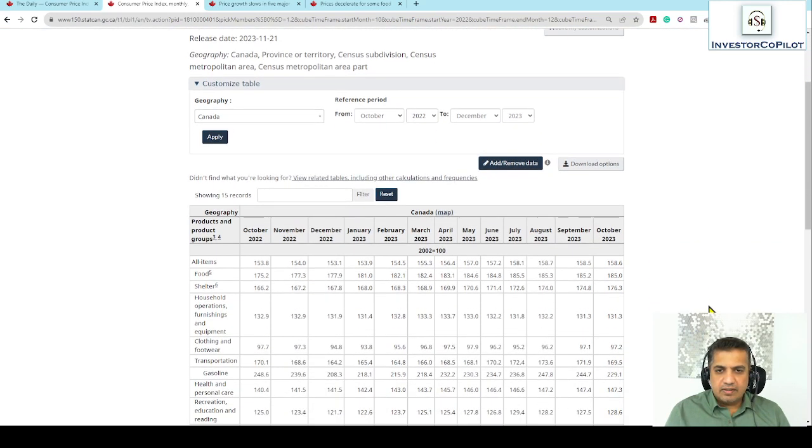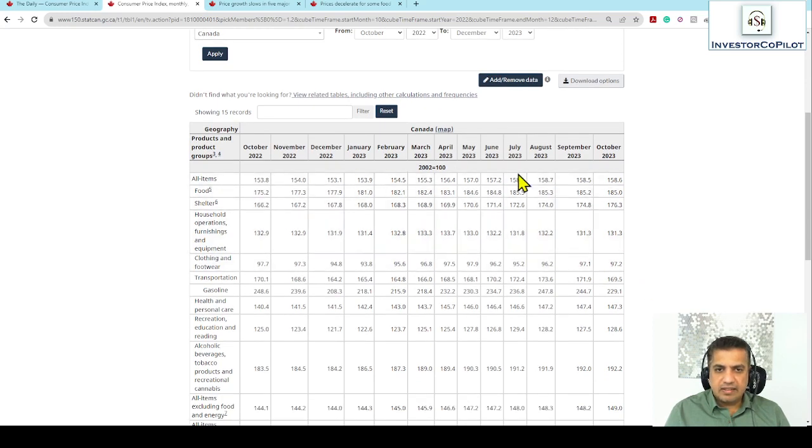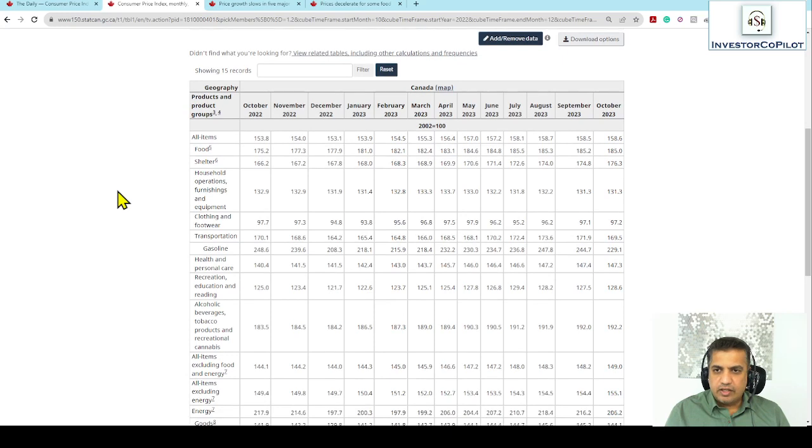However, in the following table, we see that data from October 2022 through to October 2023 is shown. So we have a 12-month period here, and these are the numbers which relate to CPI. The baseline here is 2002, and CPI is marked as 100 in this year, and this is the starting point for all these calculations.